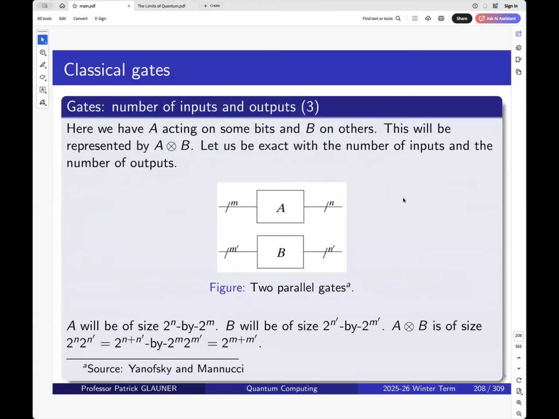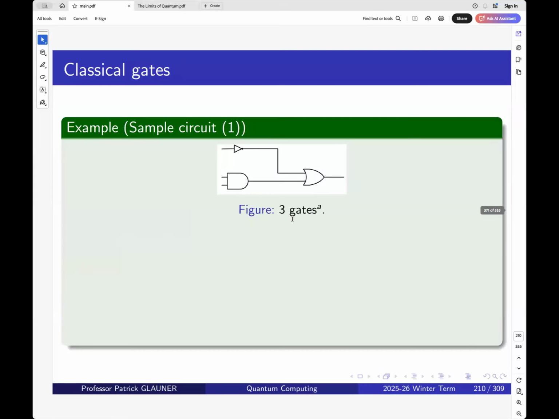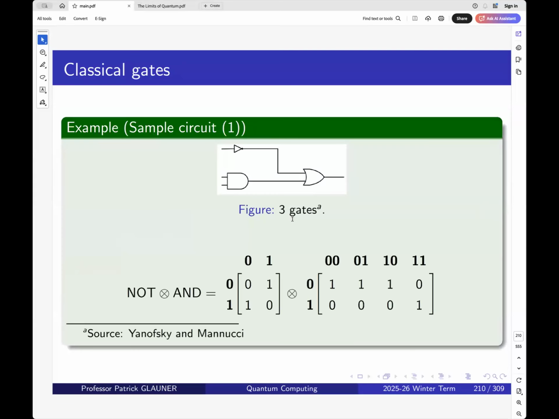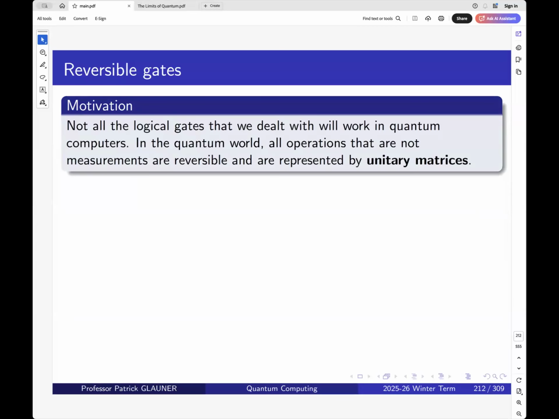And for parallel gates, we need the tensor product. So all the math we did in one of the first lectures at the beginning of the term is actually helpful. We looked at a couple of cases like this where we need the identity matrix in parallel. We looked at a simple circuit and saw how we can describe it in terms of linear algebra.